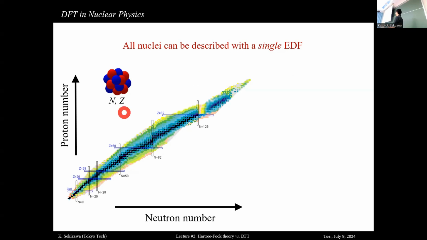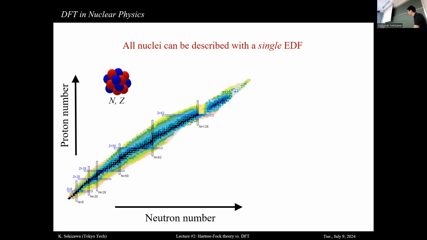And if you change the input, neutron number and proton number, you can solve the same equation, and by just changing the neutron and proton numbers, you can get the ground state of different nuclei almost throughout the nuclear chart. So it is a very powerful framework.